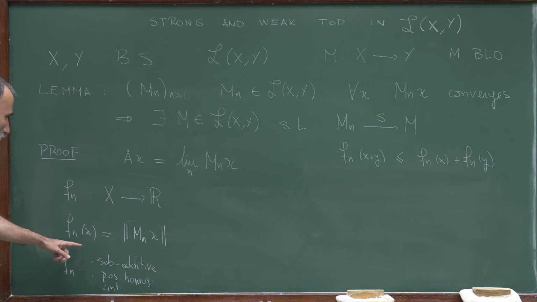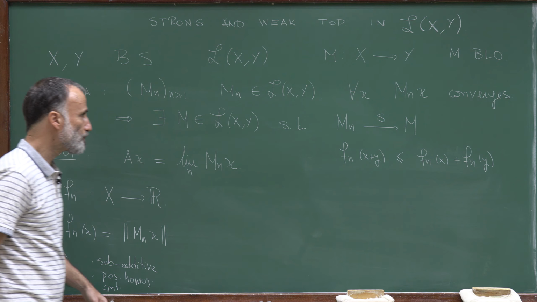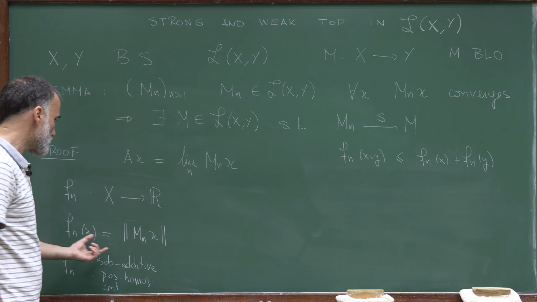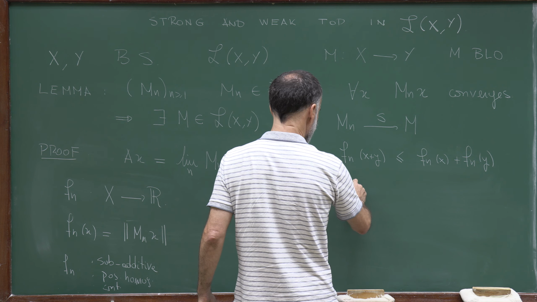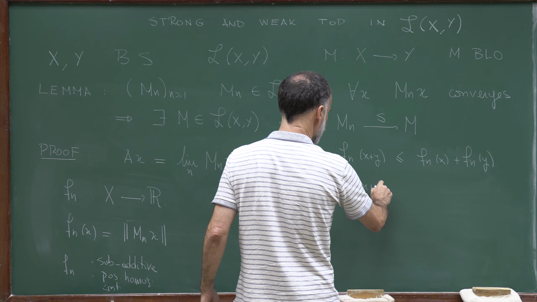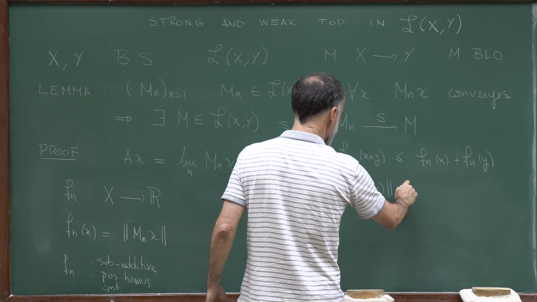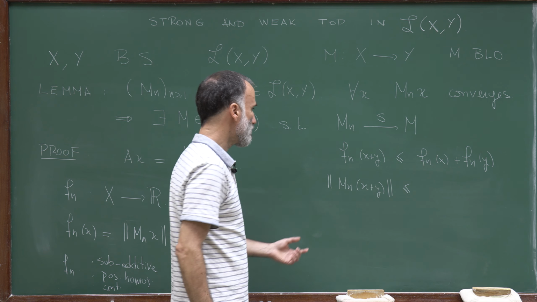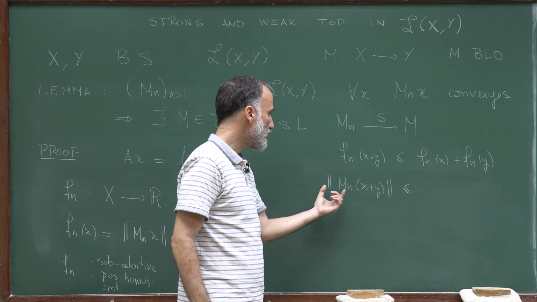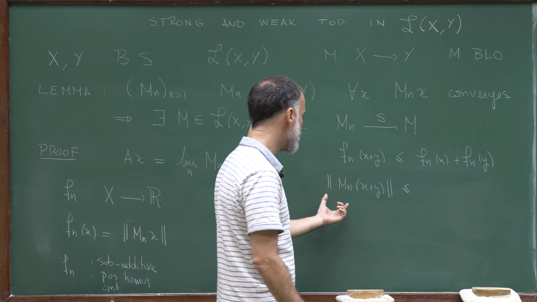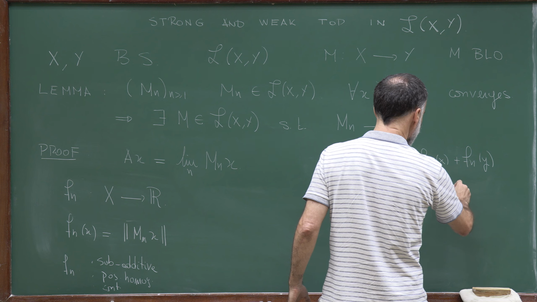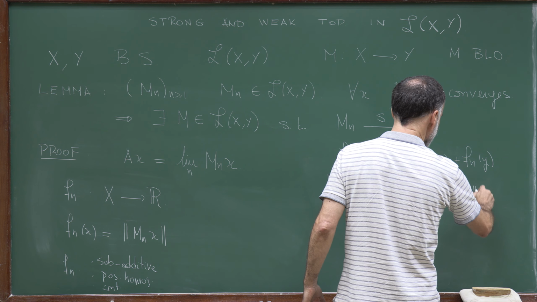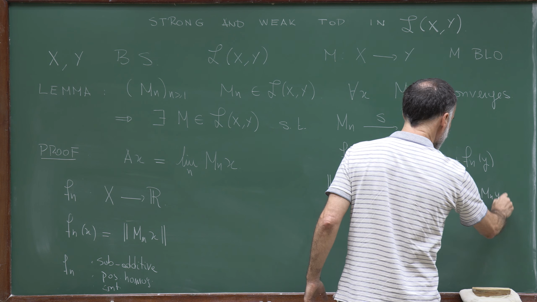And this is clear from the definition, because fn(x + y) is the norm of mn(x + y). But this, by linearity of mn, and then by the triangle inequality, is less or equal than the norm of mn x plus the norm of mn y.